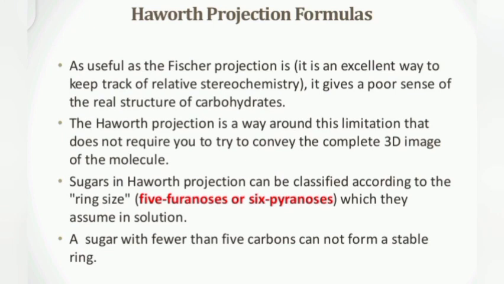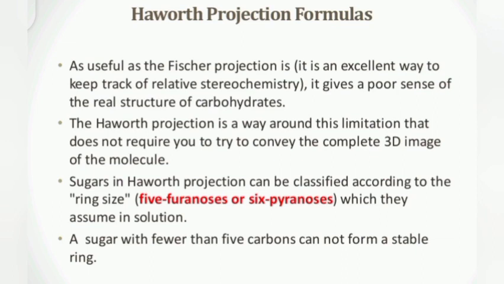Haworth projection formulas. As useful as the Fisher projection is, an excellent way to keep track of relative stereochemistry, it gives a poor sense of the real structures of carbohydrates. The Haworth projection is a way around this limitation that does not require you to convey the complete 3D image of the molecule.